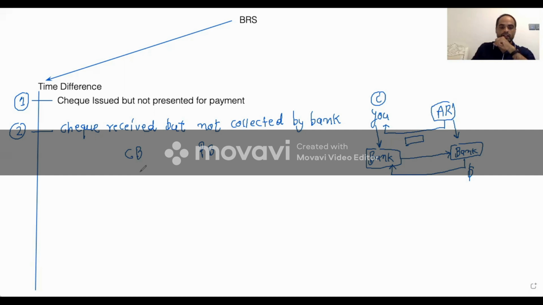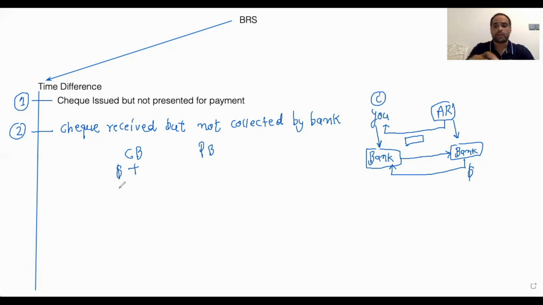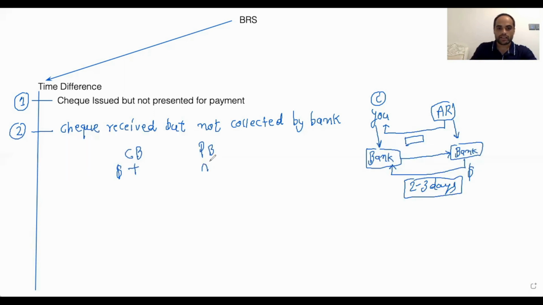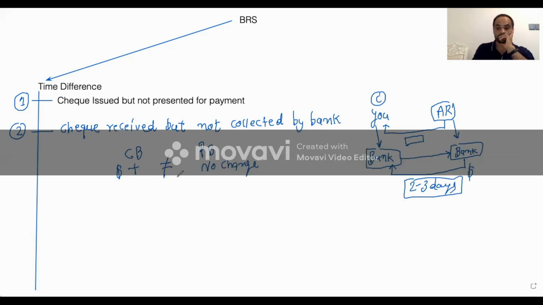So you receive money from accounts receivable. What is the journal entry? Cash account debit, accounts receivable or customer account credit. All right, so your cash account increases. But as I said, it takes maybe 2 to 3 days, not exactly the same time. So as a result, your passbook has no change. There's no change in the passbook. As a result, your balance will be unequal.